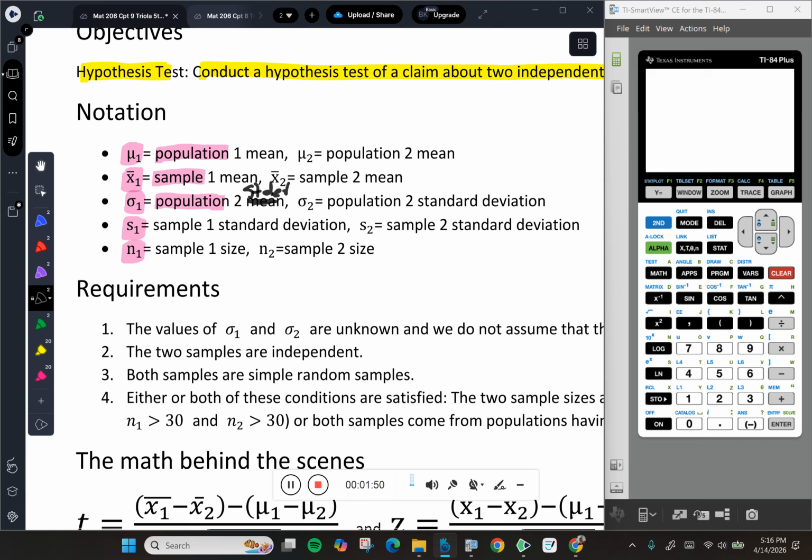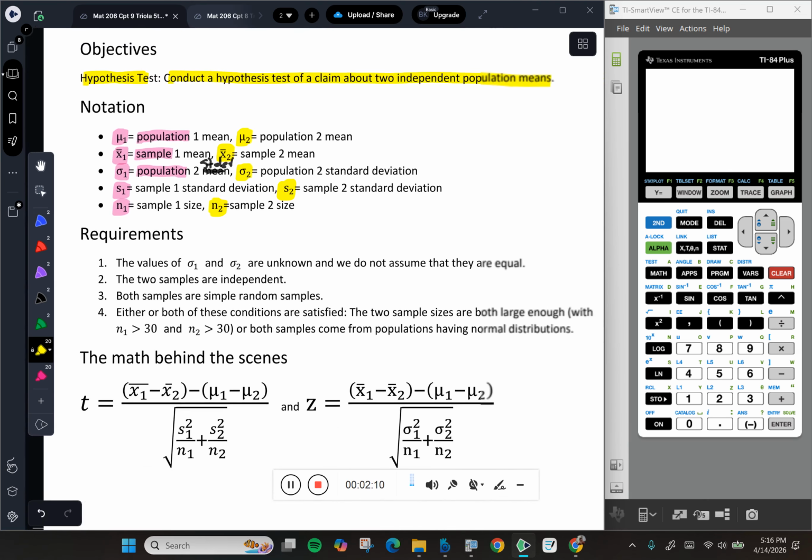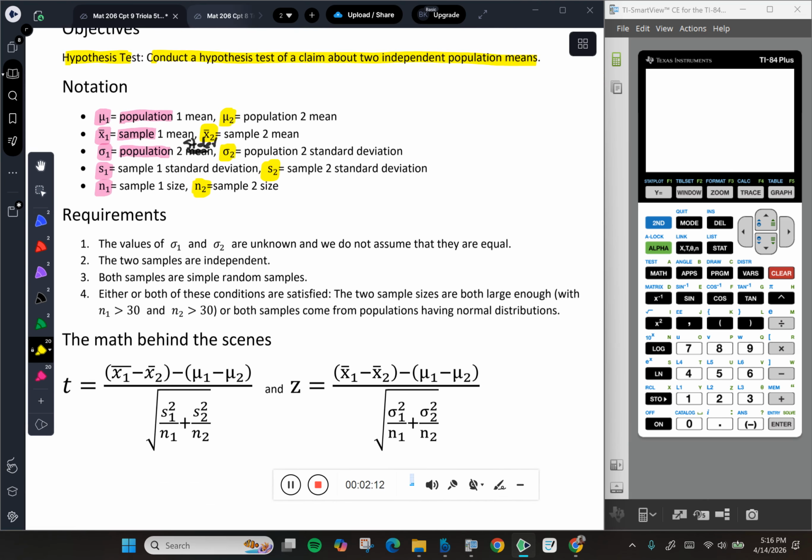If you have an s sub 1, that is sample 1 standard deviation, and our n sub 1 is sample 1 size. Correspondingly, there's all the 2's. Population mean 2, sample mean 2, population standard deviation 2, sample 2 standard deviation, and sample size 2. Okay? Our hypothesis testing is going to have all those things floating around in it. Claims are going to be made about these guys.